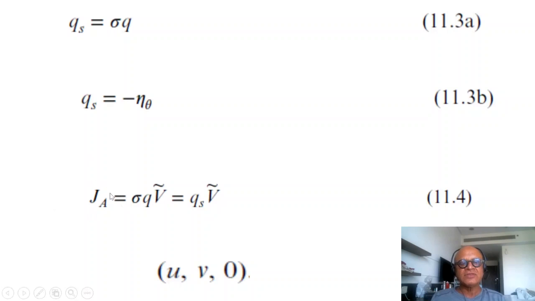We can now write the advective component of the potential vorticity substance in terms of QS times V tilde, where V tilde has U, V, and 0, on an isentrope between two isentropes. We will see that something called an impermeability theorem emerges, which basically says there are no fluxes across the isentropic surfaces, so the cross-isentropic term here is 0.